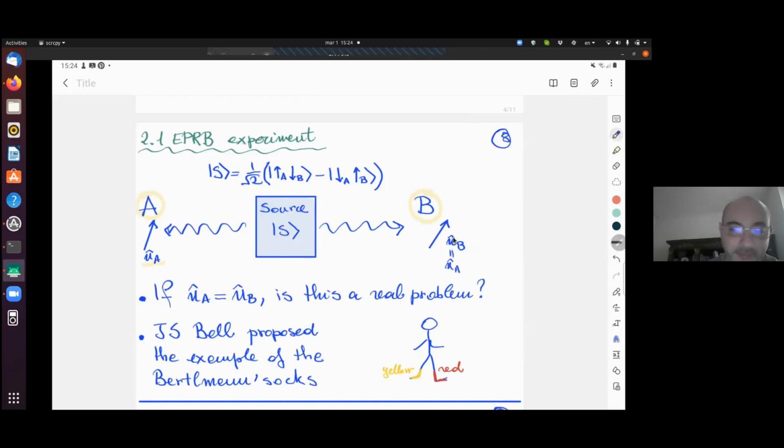And the textbook version continues like so, saying that, well, imagine that A will measure a spin component which is pointing up in direction nA. Well, then he or she already knows, even before measuring it, that B will find the projection of the spin of the second particle opposite.